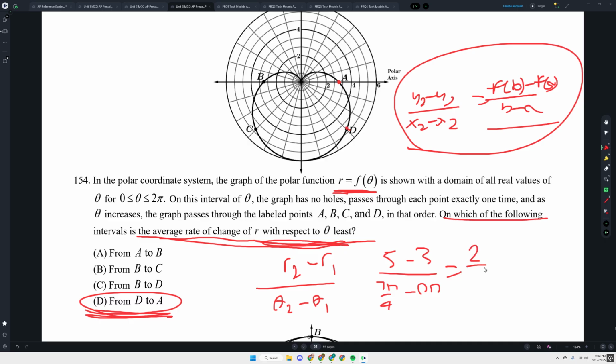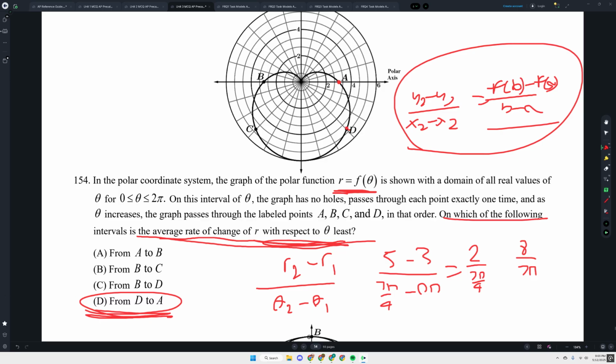So this would be 2 over 7 pi over 4, or 8 over 7 pi. You can also check when the rate of change is decreasing, either R is increasing and theta is decreasing or vice versa. Yeah, you could also do that. Yeah, as in the smallest number.